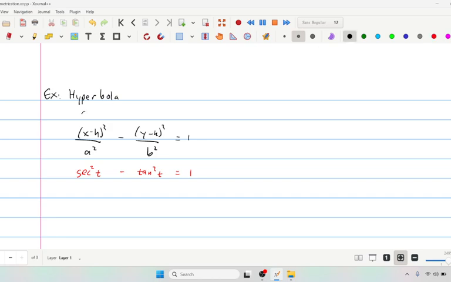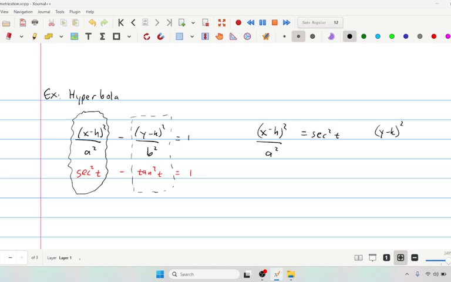If this is the case, then these terms should be equal. So (x minus h) squared over a squared should equal secant squared t. And likewise, the subtracted terms should be equal. So (y minus k) squared over b squared should equal tangent squared t.